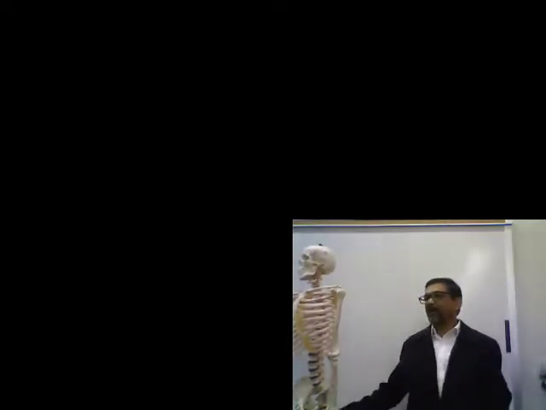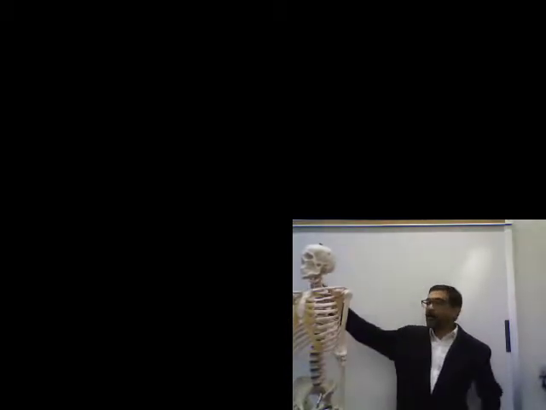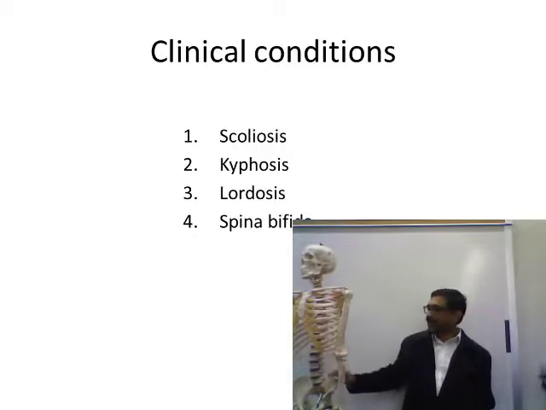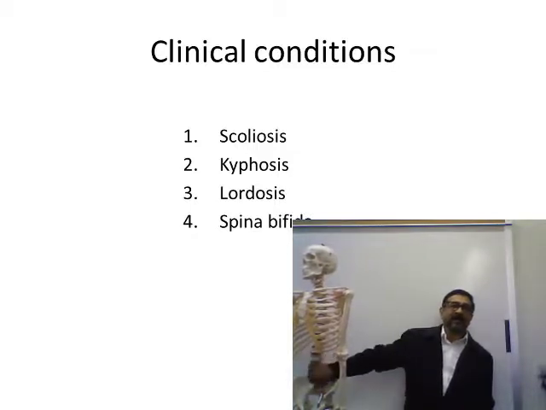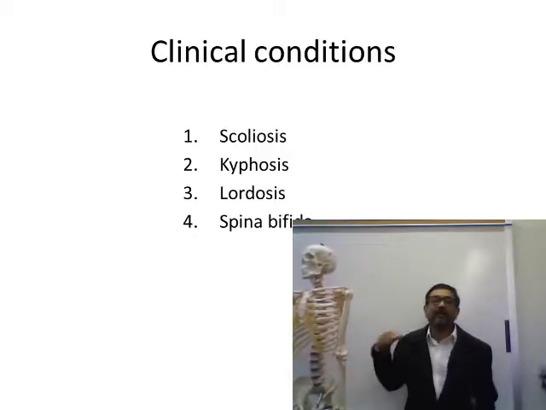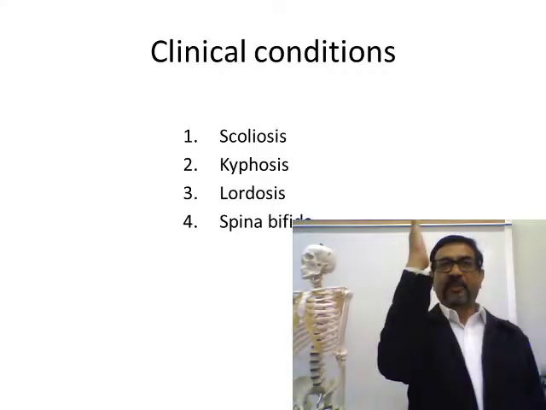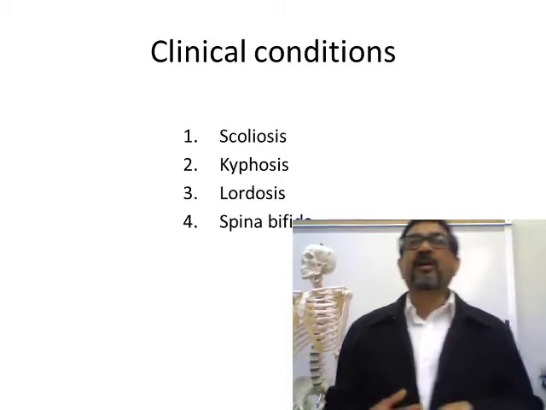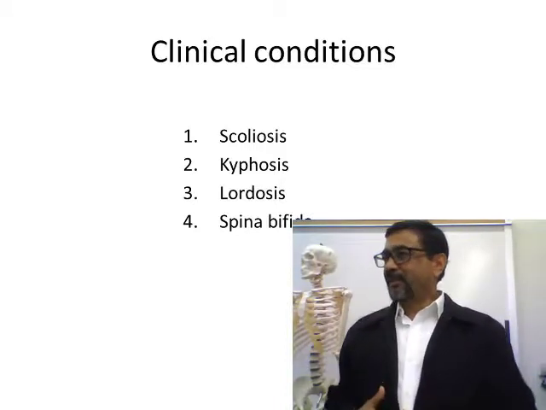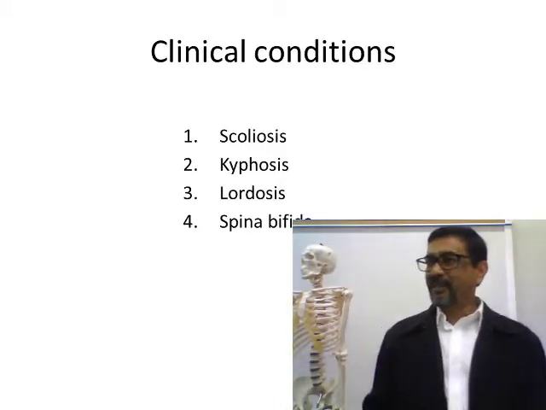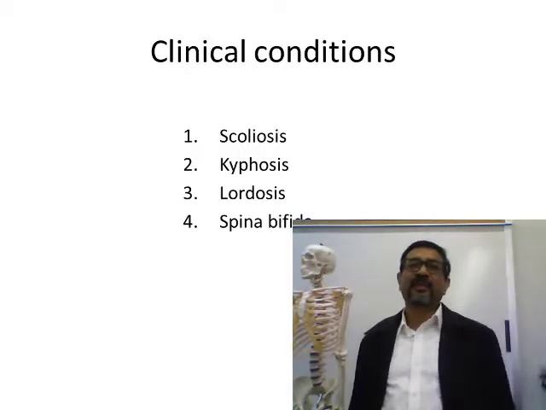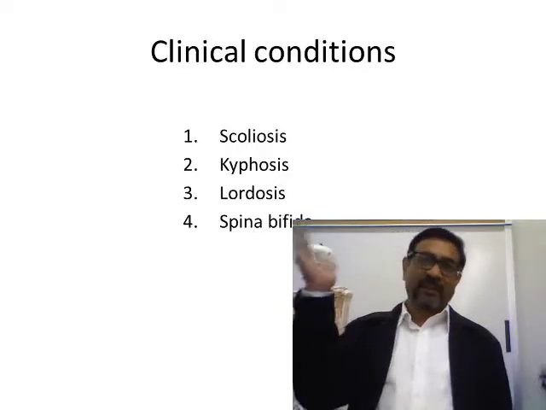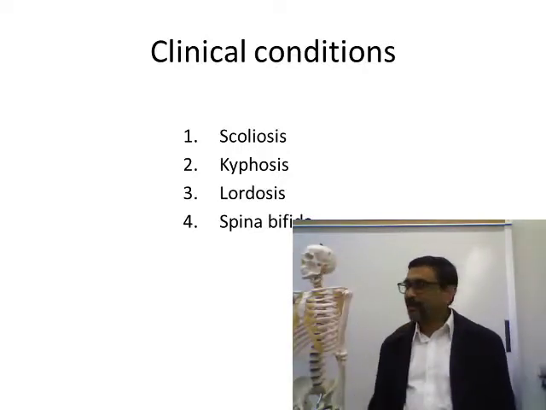You know that your vertebral column, or spine, this is the vertebral column, right? It keeps the body erect and straight. Now, there are a few clinical or abnormal conditions where the vertebral column is bent, not straight.